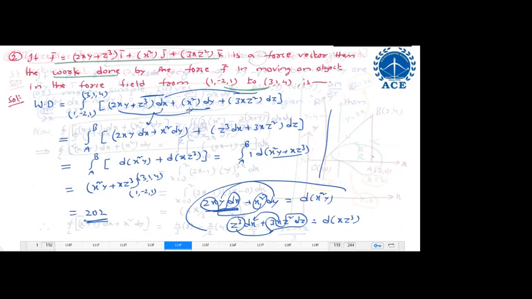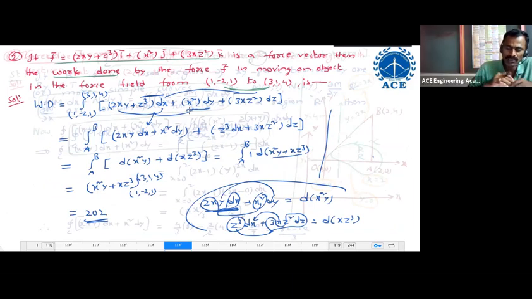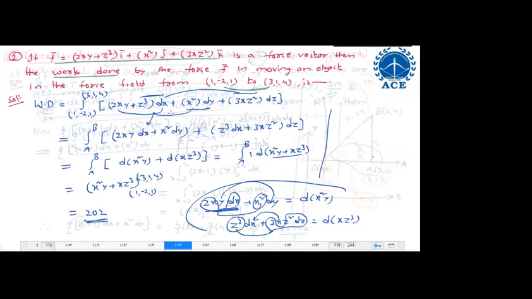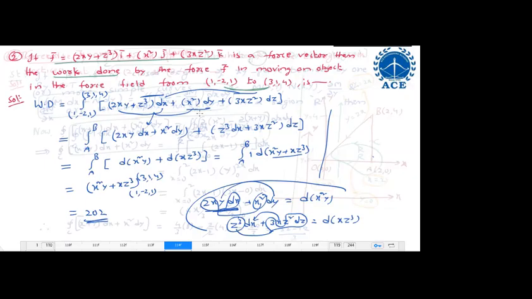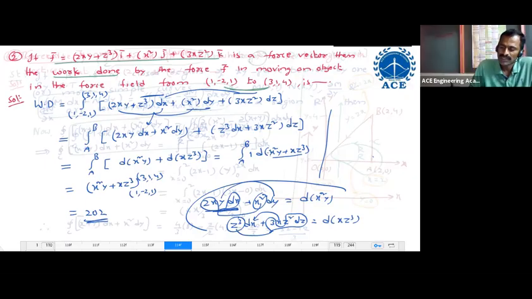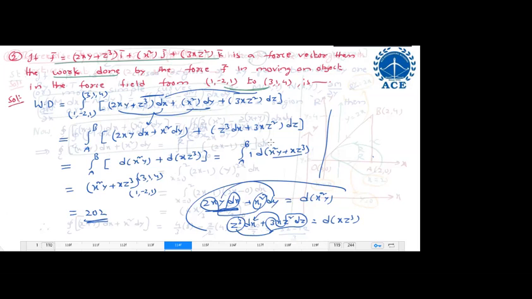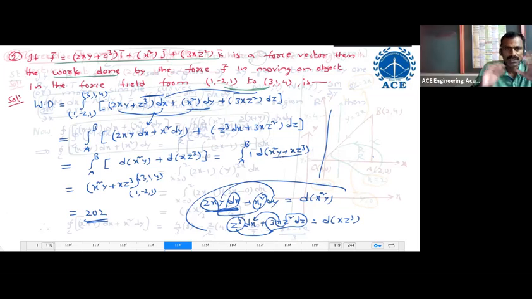In this case, we should check whether the function is irrotational or not. But checking irrotational will take more time, so without checking, just observe all the terms in the integral. If by observation you are able to write the terms as a single term, the differential of some function, we can go for direct integration. If you are able to write the sum of the terms as a single term like this, indirectly we can say the function is irrotational. Whenever the function is irrotational, this exact differential is possible, otherwise not.